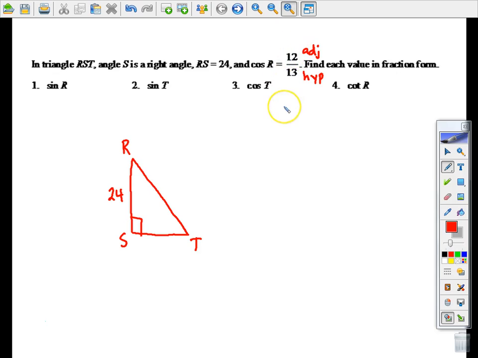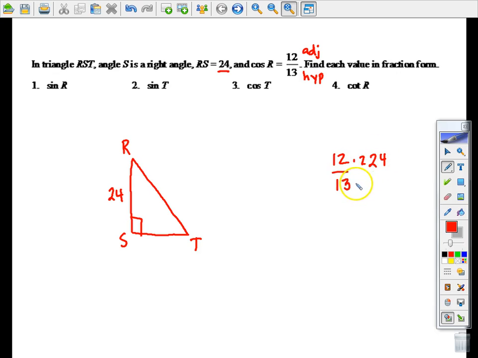So if you're not sure, let's just write down this fraction 12/13ths, and then let's just compare what we know. We know the length of the adjacent side, it's been given as 24. So you can kind of reason through, there must have been multiplication by 2 on the top to get 24.